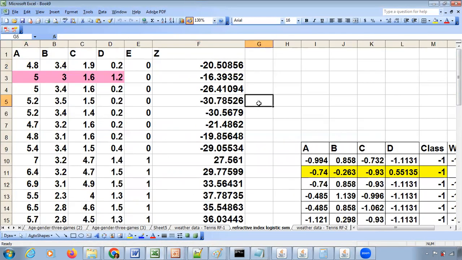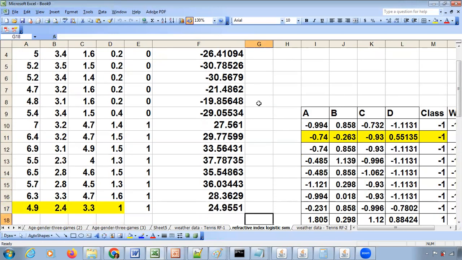With logistic regression, if theta x is less than 0, that's the negative class, class 0, and if it's greater than 0, that's the positive class, which is class 1. Again, the theta x magnitude indicates how close the data point is to the linear decision boundary that separates the two classes.